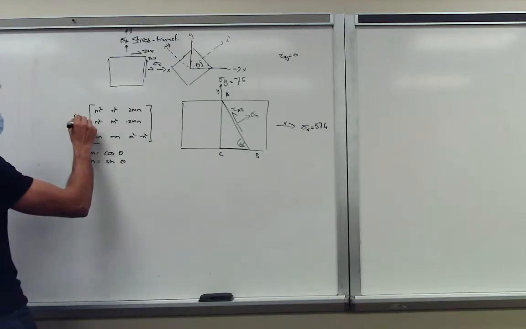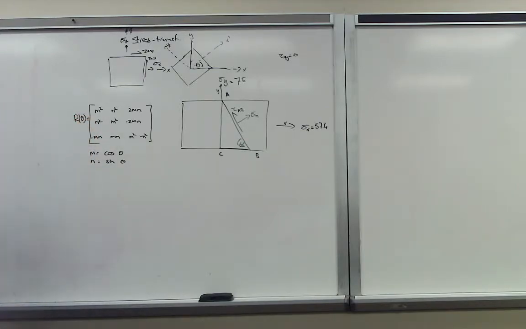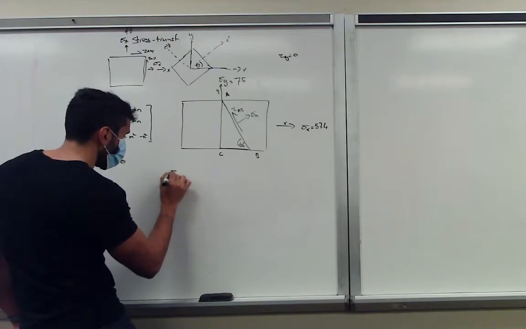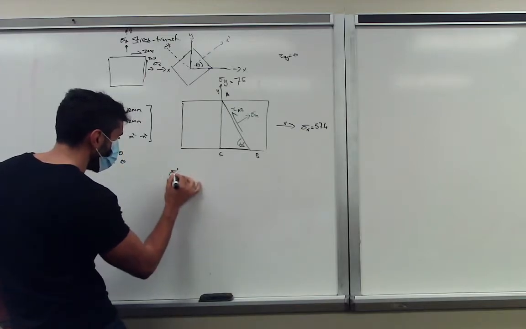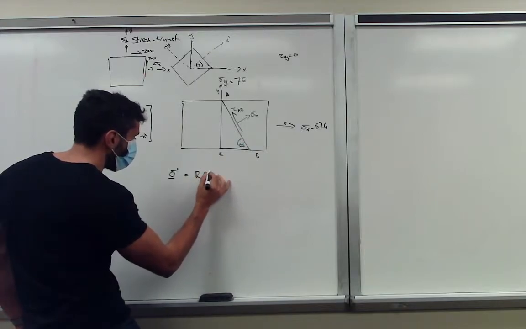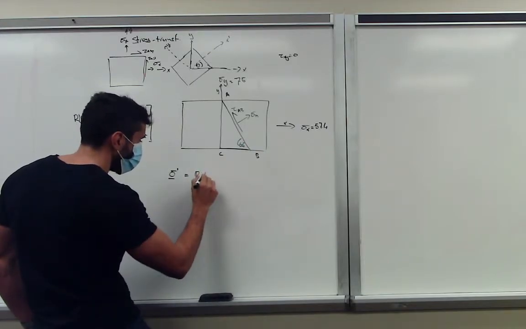And then we said, well, if we want to have a transformation done, we have our sigma transposed, equal to the transformation matrix multiplied by our regular stresses.